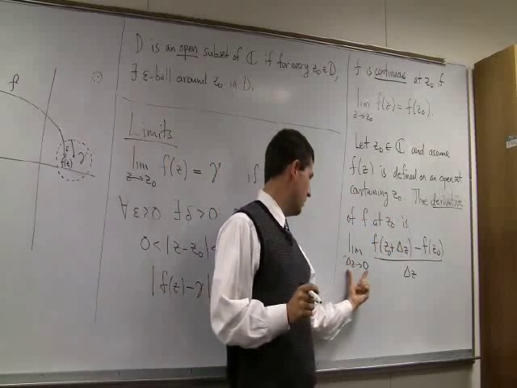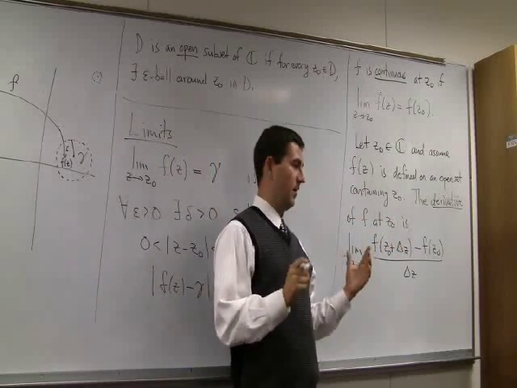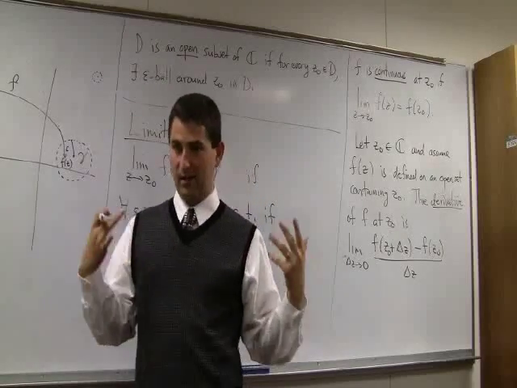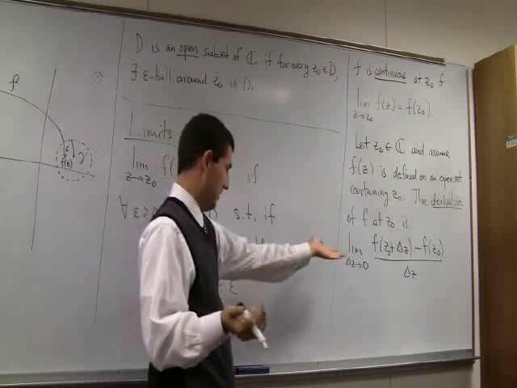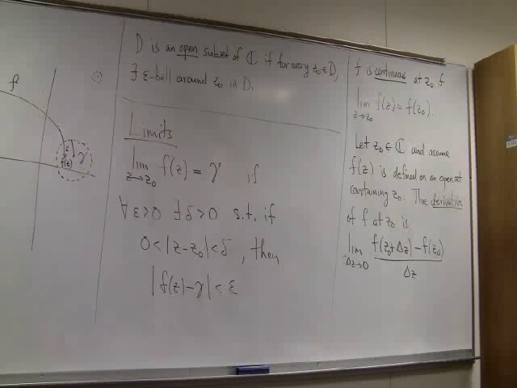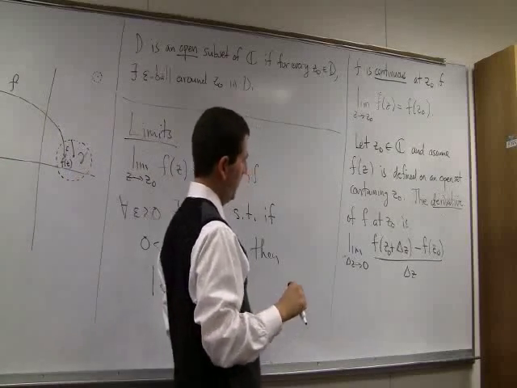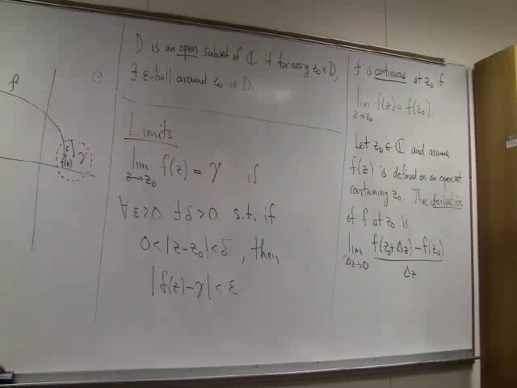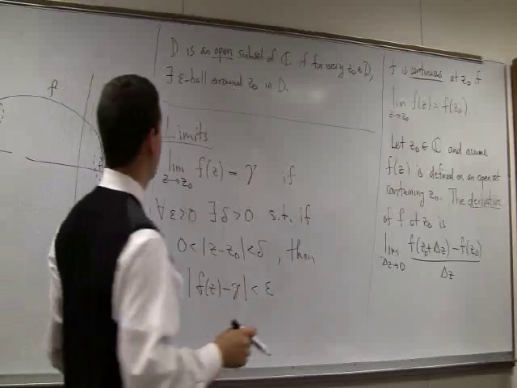Which means when you compute this limit, there are a lot more limits to check to agree for the limit to exist. And when we did the real numbers, these epsilon balls and delta balls were just little intervals. Now they're big circles. But in any case, this is the derivative. So maybe we should compute one.